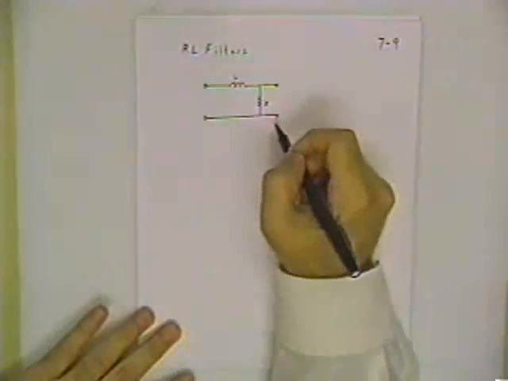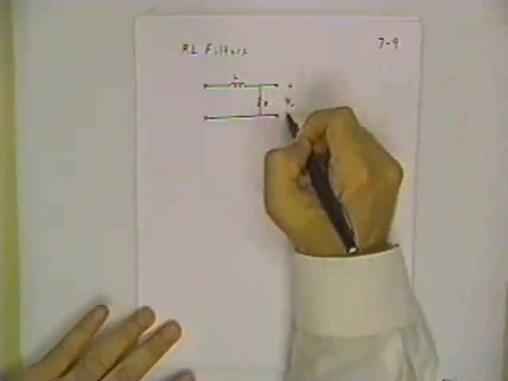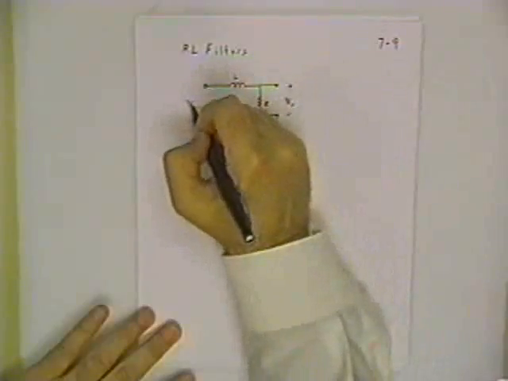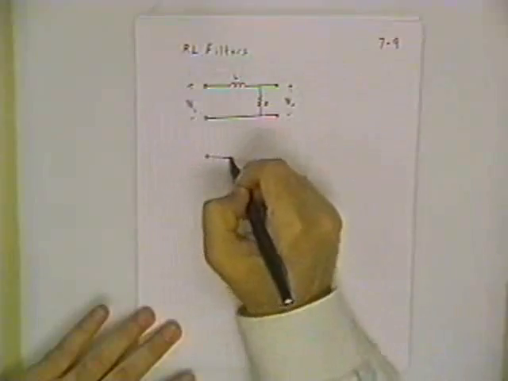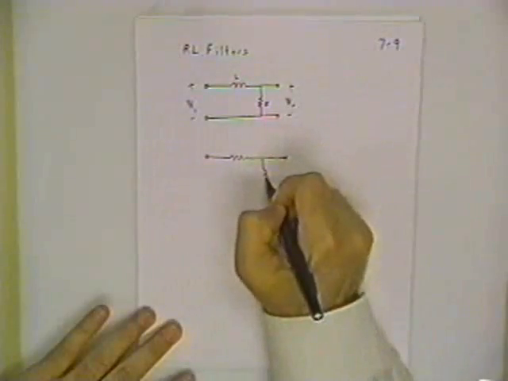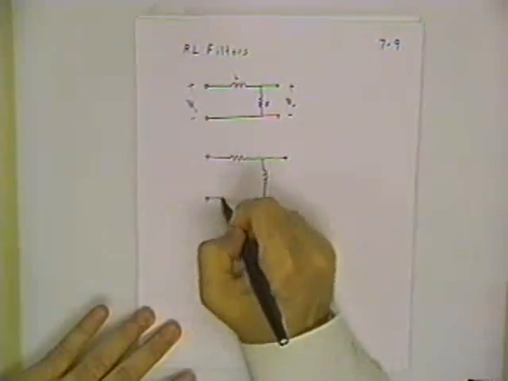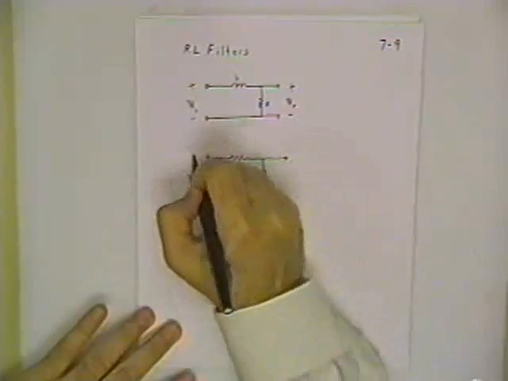What I'm going to do here is just figure out from high and low frequency limits which one is which, because right now we can pretend that we don't know which one this is. One of them is low pass and one of them is high pass. I'll tell you that right now.